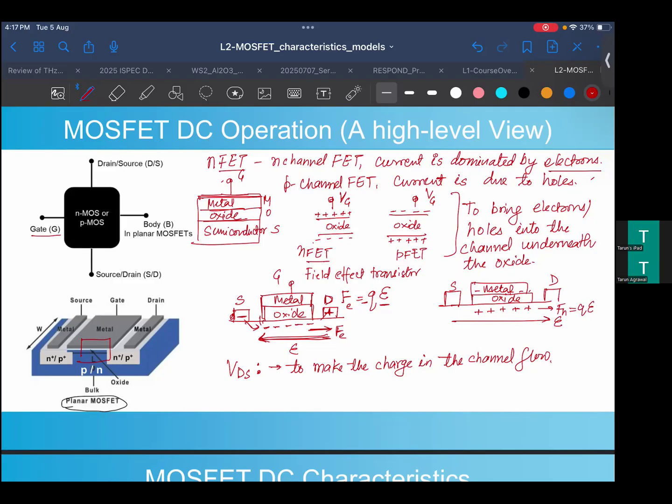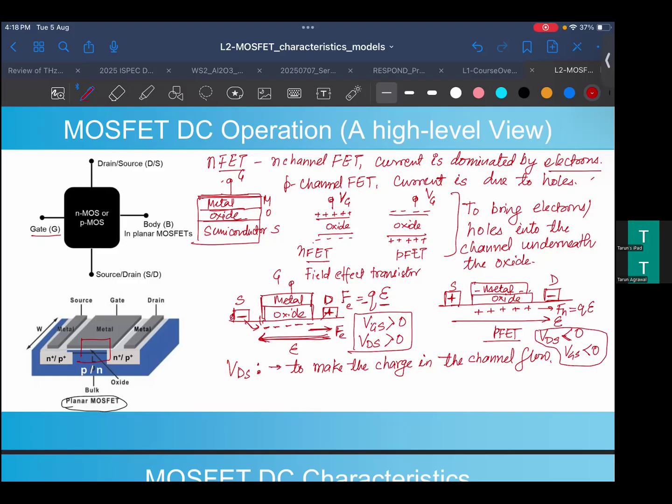That means your source would be positive in this case and your drain would be negative. So that's how in a PFET your VDS should be negative and your VGS should be negative, while in the NFET, we saw that VGS has to be positive and VDS has to be positive. Okay, so this is the basic understanding we have.